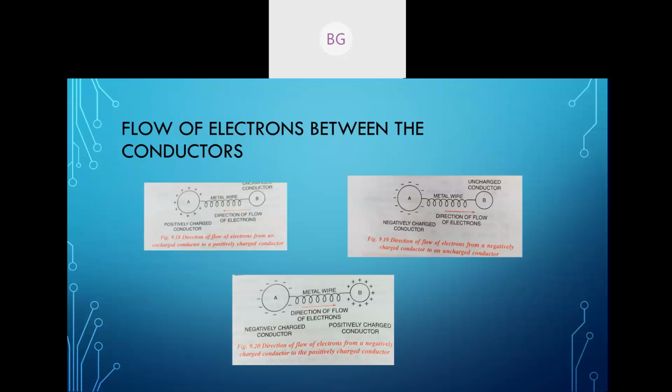Okay, so now we will see if we have two bodies, one is charged, the other is uncharged, how do electrons flow?